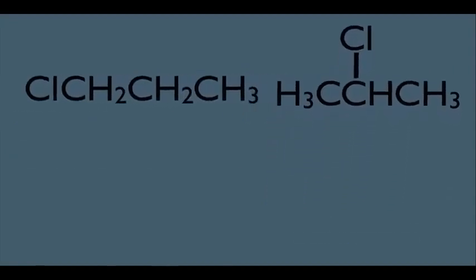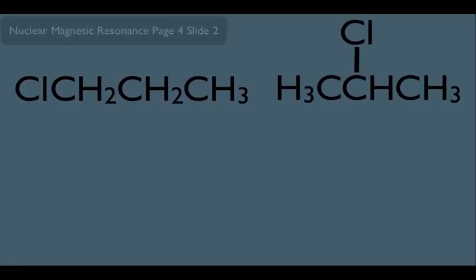Notice, let's place our molecules side by side here. And let's think about the electronic environments of each of the hydrogens in each molecule. So let's start with 1-chloropropane first. Remember, it has this Cl right here, which means these hydrogens right here, let's call them the A hydrogens, since they're the closest to the electronegative Cl, they would be the most de-shielded.